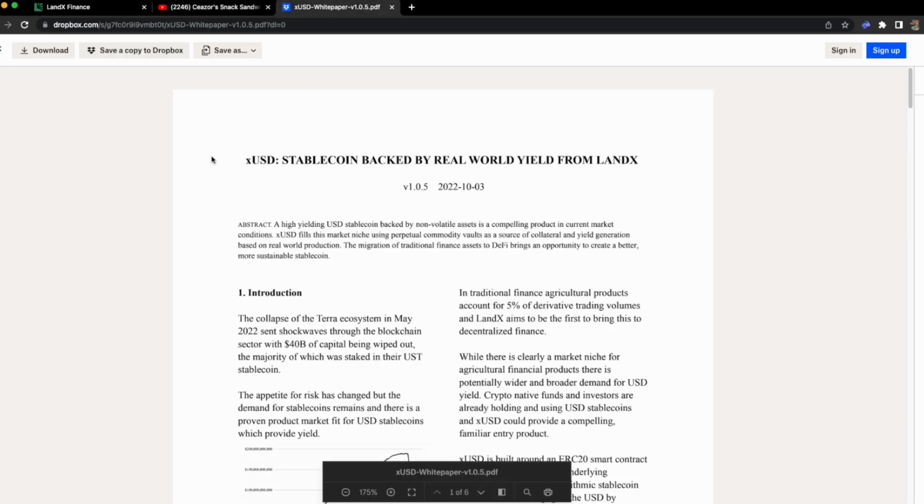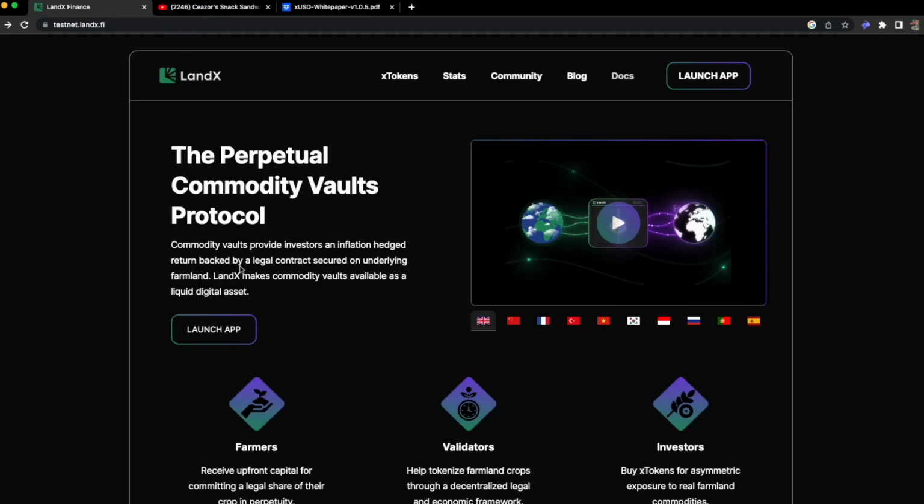However, there is a white paper out by LANDx that talks about xUSD, which is the stablecoin backed by real-world yield assets. So they have a stablecoin that's backed by the system that LANDx is producing. Now, none of this stuff is live quite yet, as far as I can tell, and I'm not invested in this, but I'm seriously considering it because I think this is a bridge.